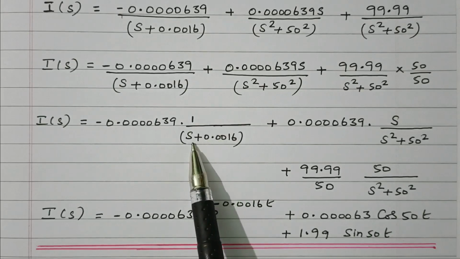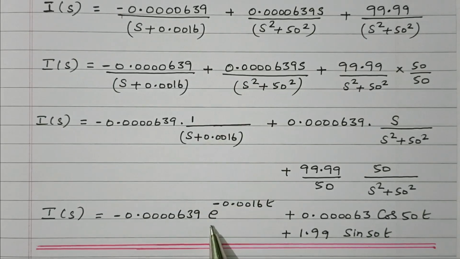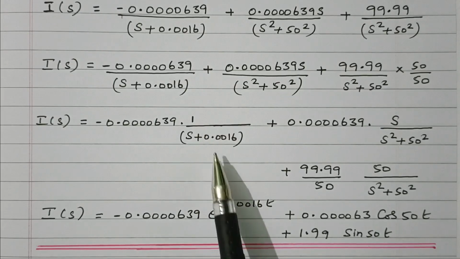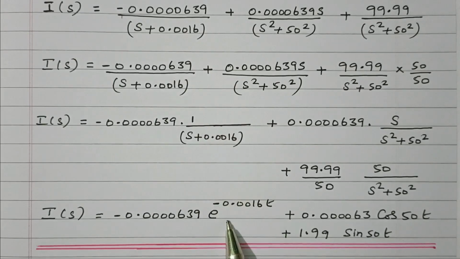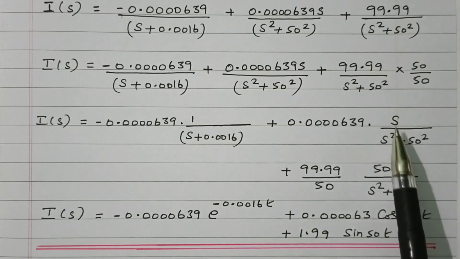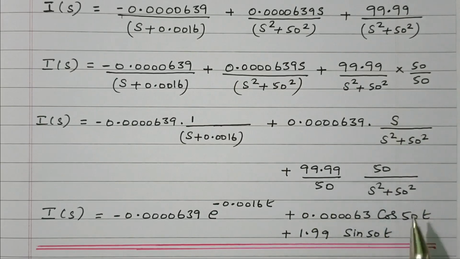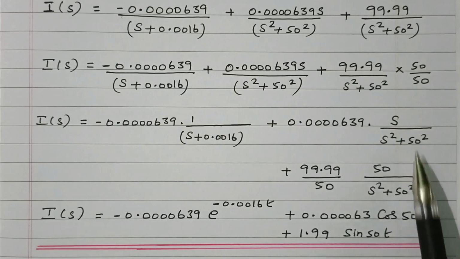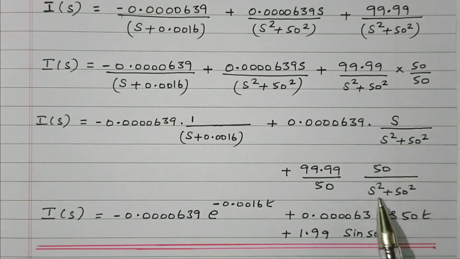So 1 divided by S plus this value is nothing but e power minus AT. A is 0.0016. Right. 1 divided by S plus A, inverse Laplace is e power minus AT. This constant is written like that. So S divided by S square plus 50 square is cos 50t. Right. 50 is omega. Similarly 50 divided by S square plus 50 square is sin 50t.